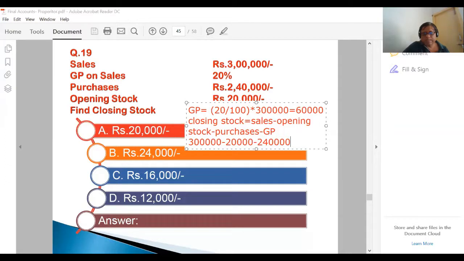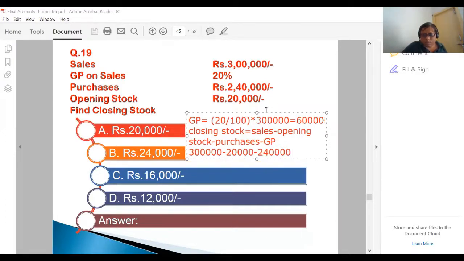Sales you have taken. Purchase you have taken. Closing stock we need now. Opening stock. Sales plus closing stock. So sales we have.